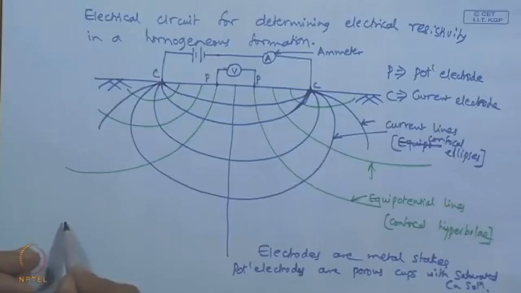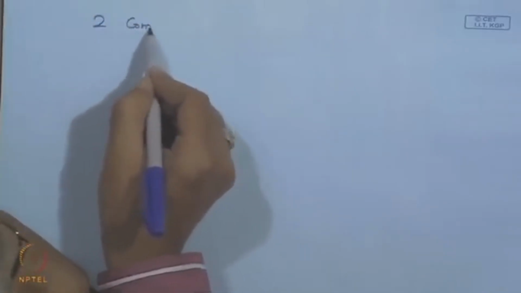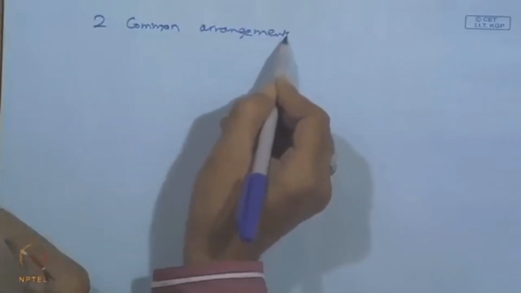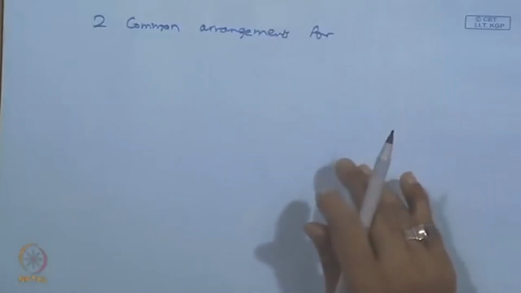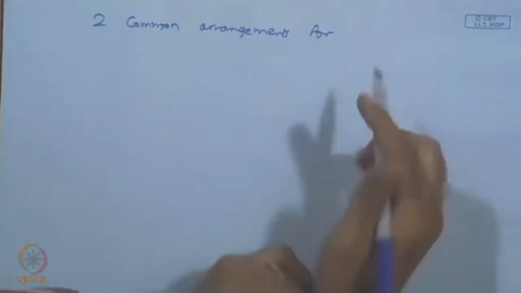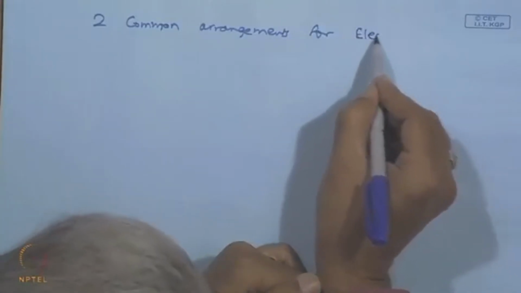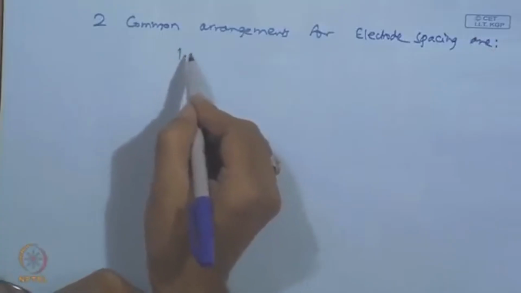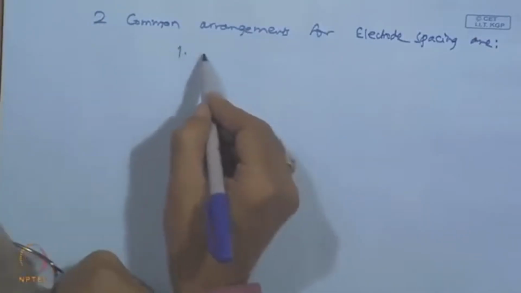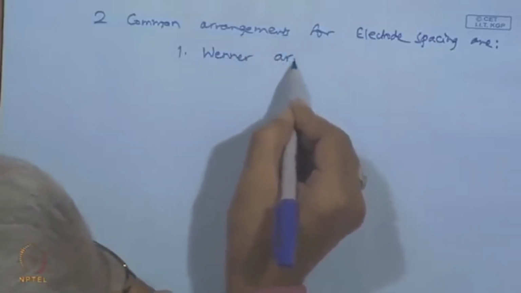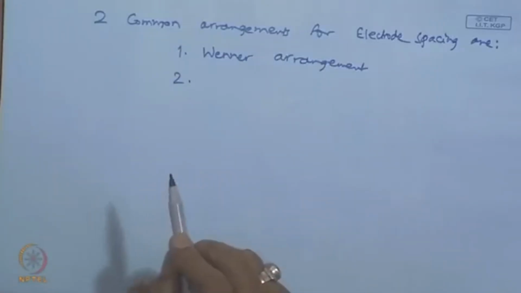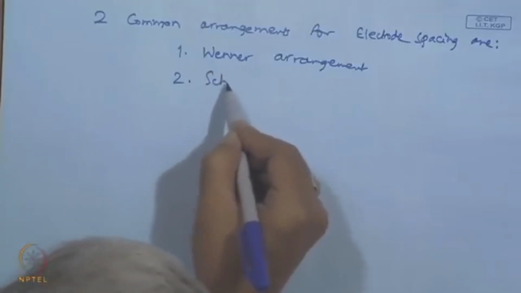The two common arrangements for electrode spacing for electrical resistivity are: one, the Wenner arrangement, and the second one is the Schlumberger arrangement.